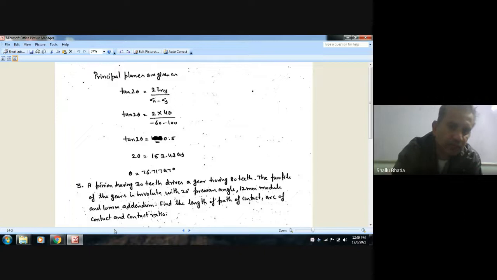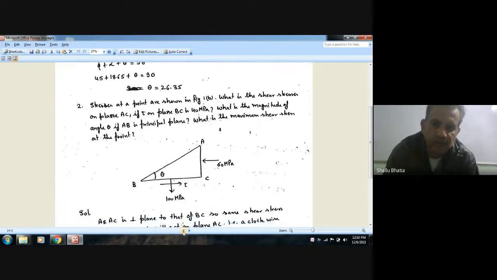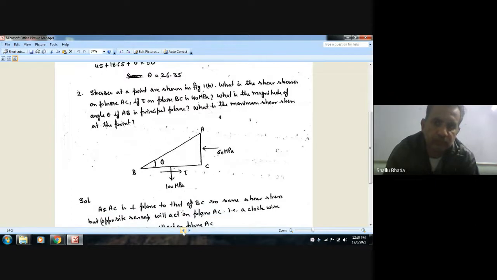So we can put in these values, and it comes out to 76.71. At this plane there is no shear stress, because this is the principal plane.